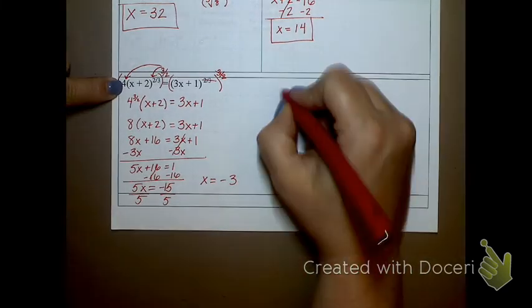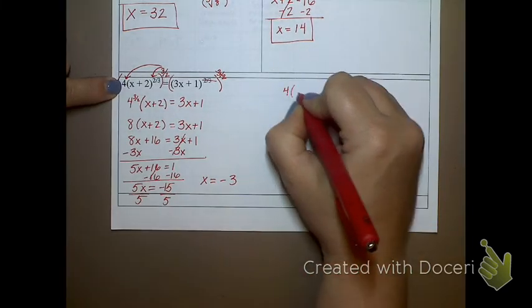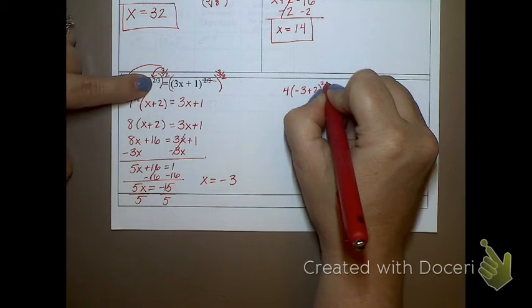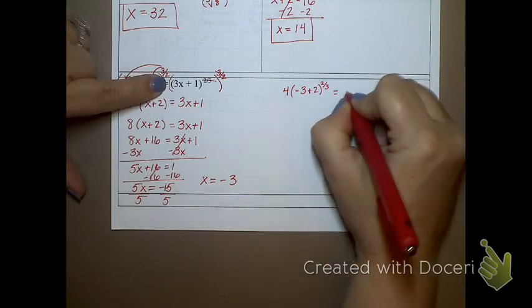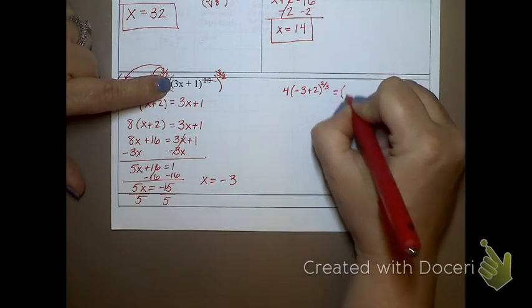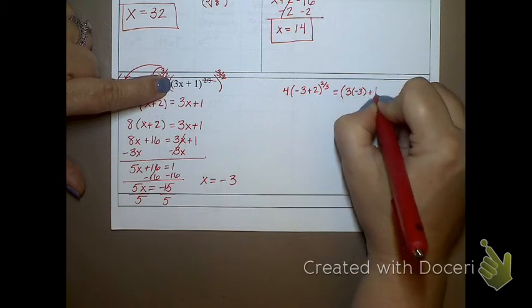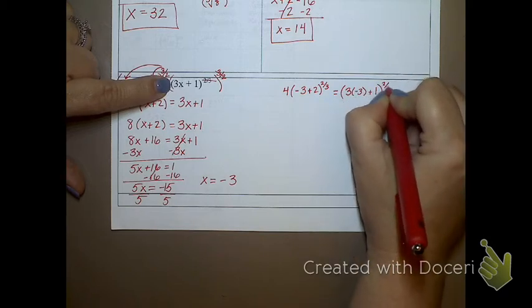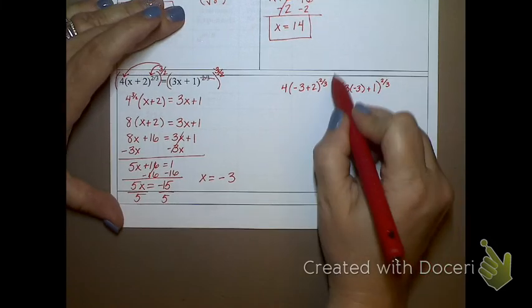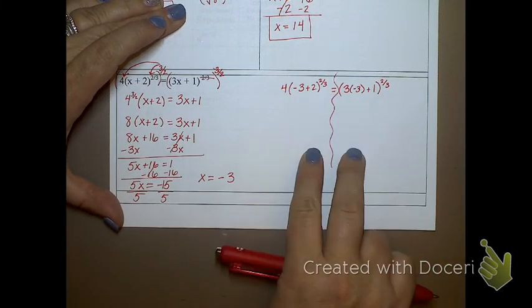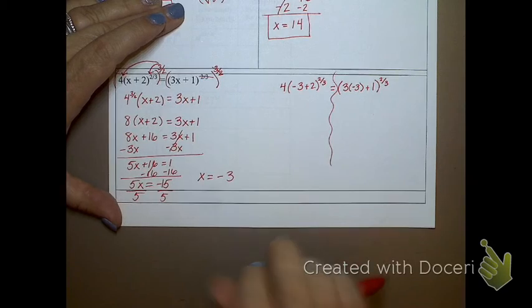So if I got x equals negative 3, I need to see, does 4 times negative 3 plus 2 to the 2/3 power equal the same thing as 3 times negative 3 plus 1 to the 2/3 power. So in other words, I'm basically looking at this as two different things to simplify, and as long as they simplify to the same thing, my answer's good.